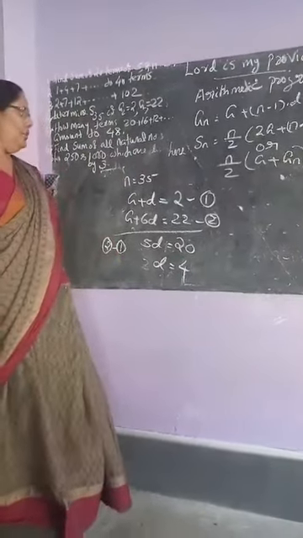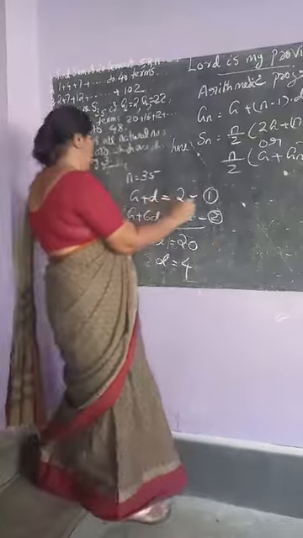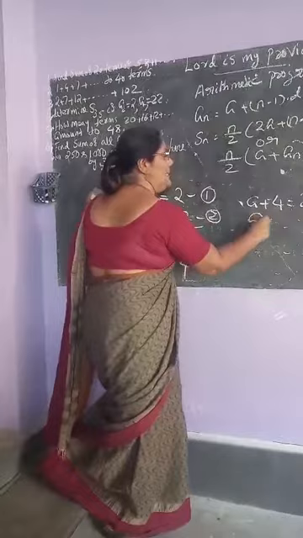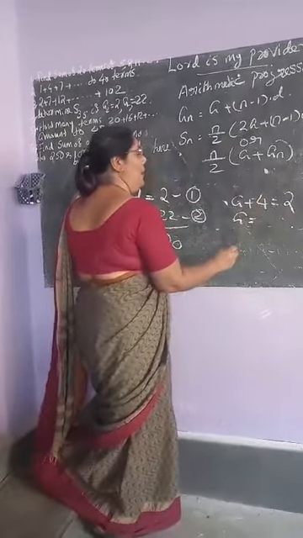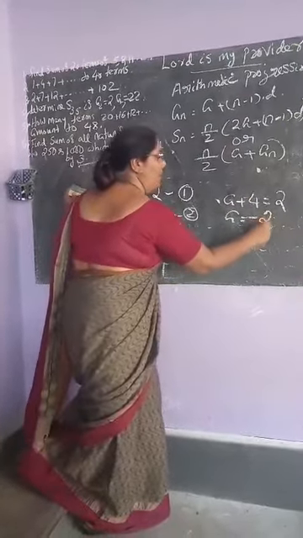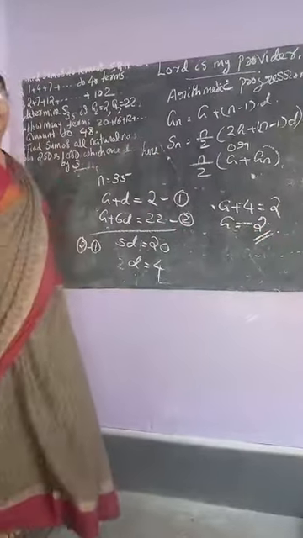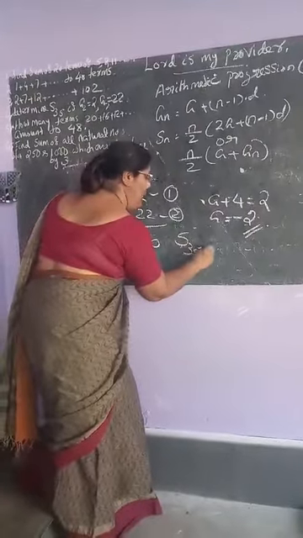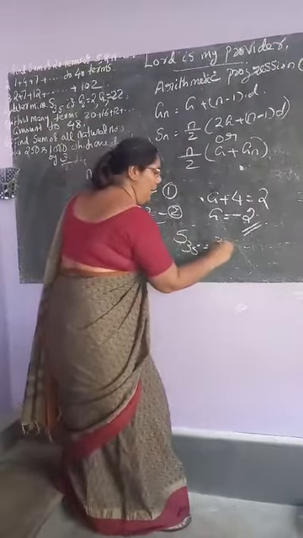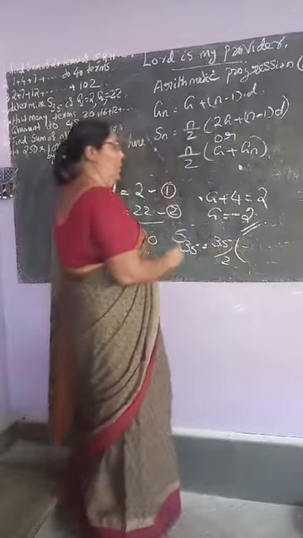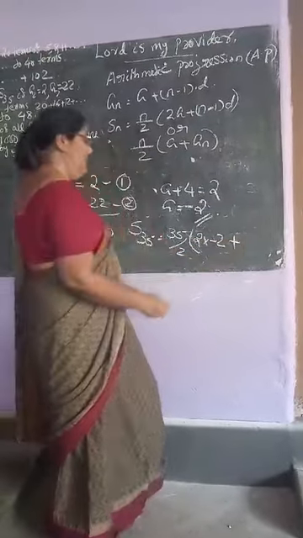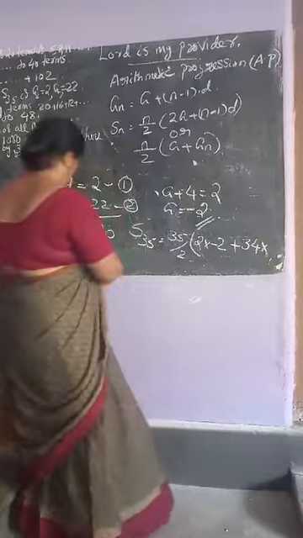Listen, let's substitute d is equal to 4 in the first equation. A plus 4 is equal to 2. A is equal to 2 minus 4, which is minus 2. Now, S35 is equal to 35 by 2 into 2 into minus 2 plus 35 minus 1, that is 34, into d.